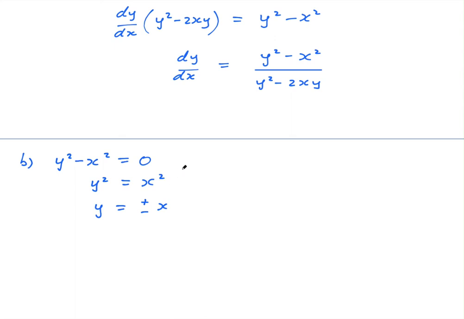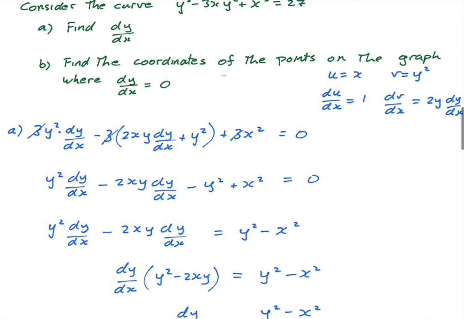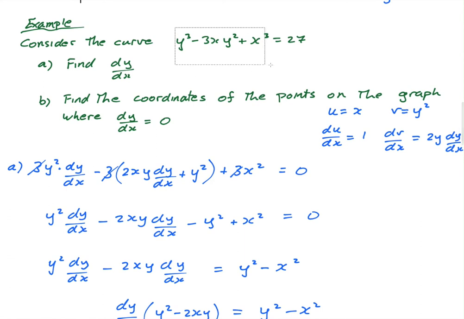Okay, now, am I finished? No, I need to find the coordinates. What am I going to do? Well, this was my original curve, so let's bring that down here.